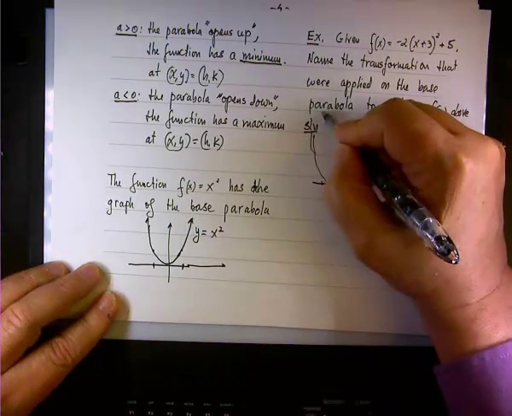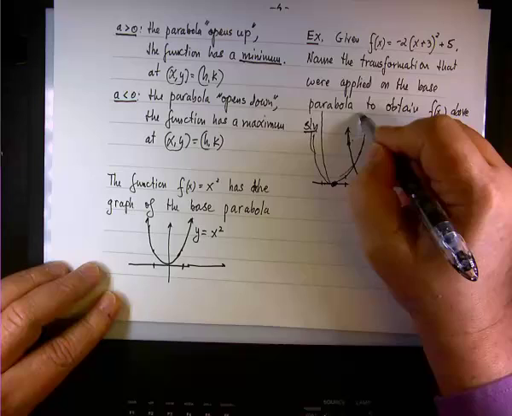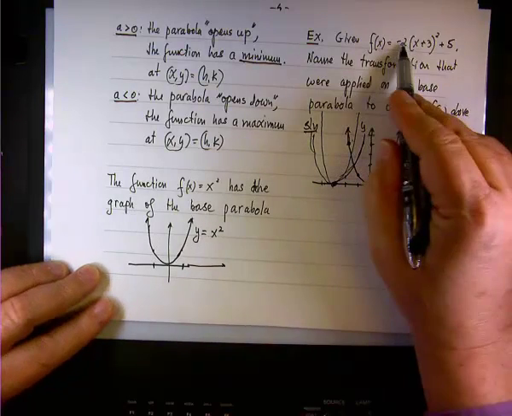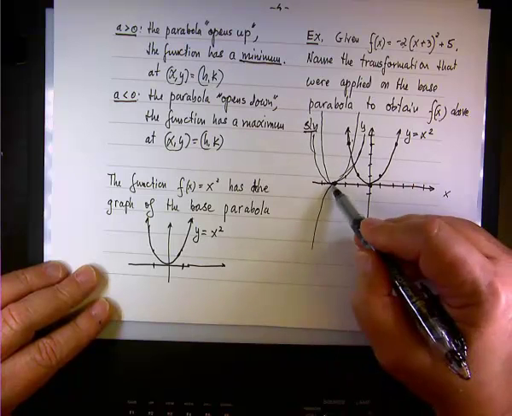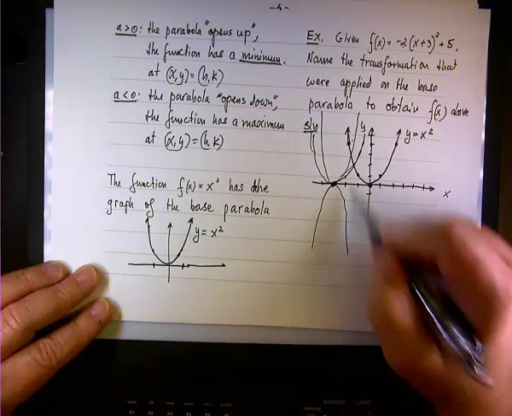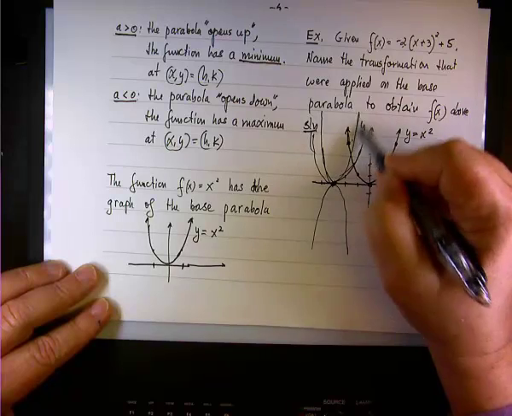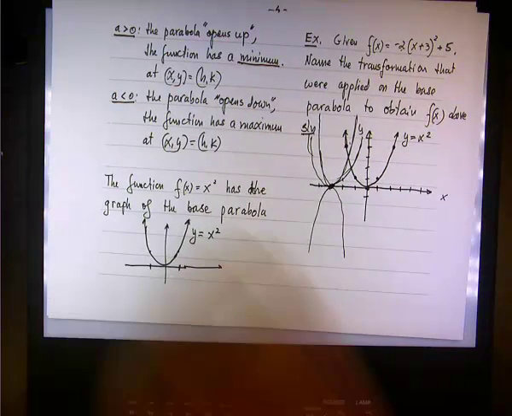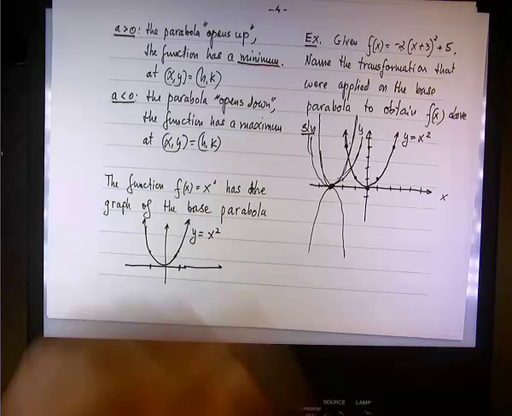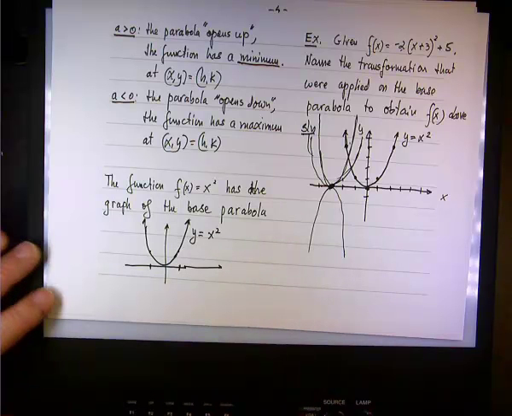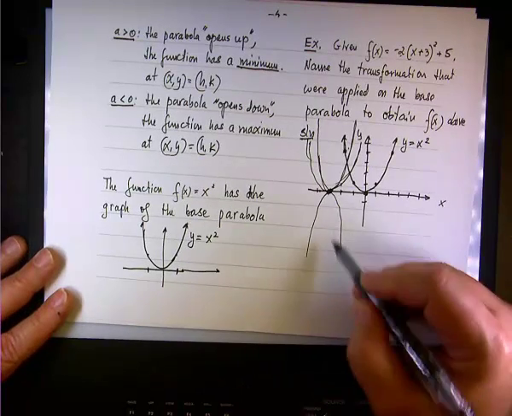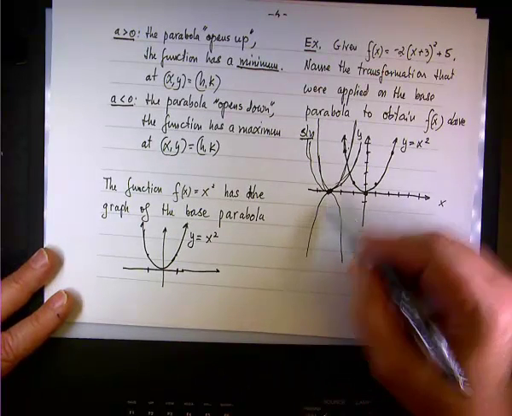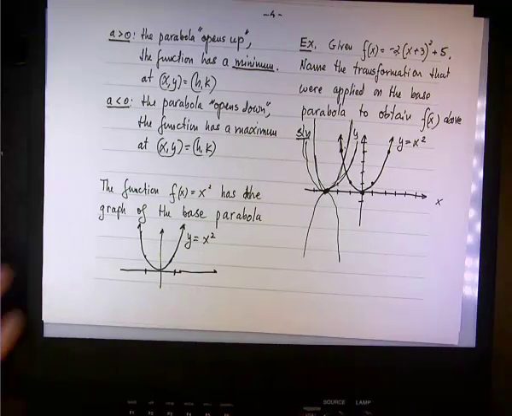So now we'll have a stretched graph like so. And then we apply the negative, which is basically a reflection about the x-axis. So the second transformation was a non-rigid transformation. We stretched, and then we flipped it over. And this is a rigid transformation of the previous one.